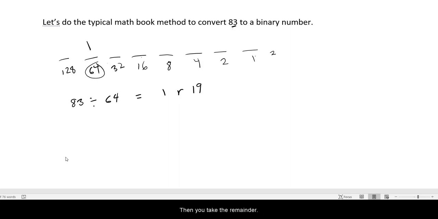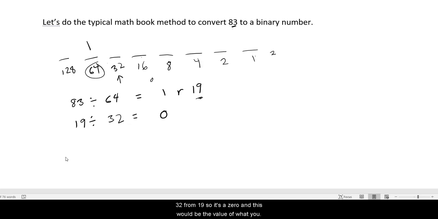Then you take the remainder. So this 1 accounts for 64 of the 83. You take the remainder and you divide it by the next place value. 19 divided by 32 is, you can't take 32 out of 19. You can't get a whole set of 32 from 19, so it's a 0.